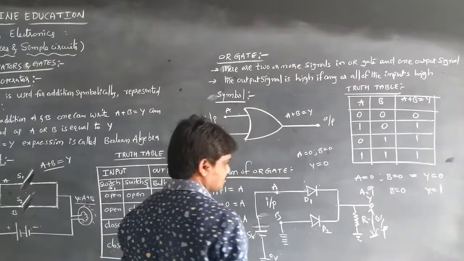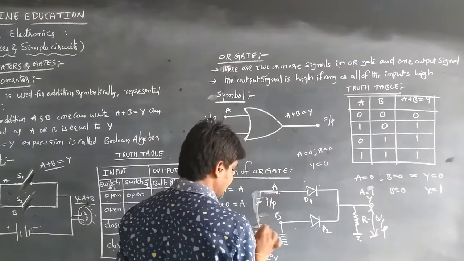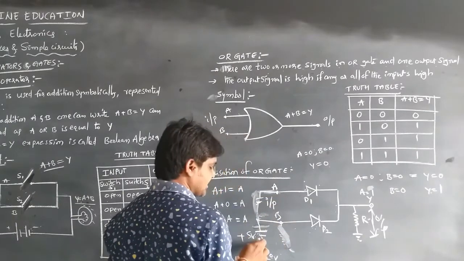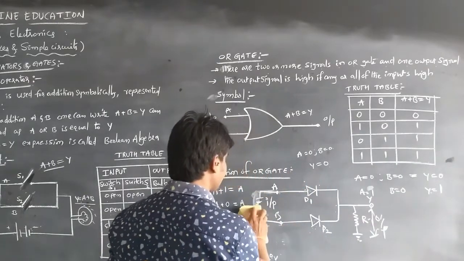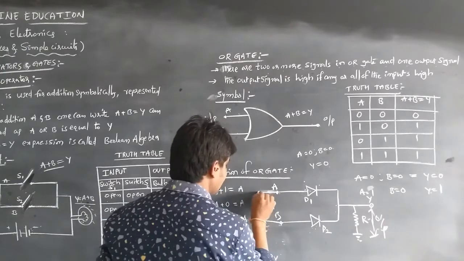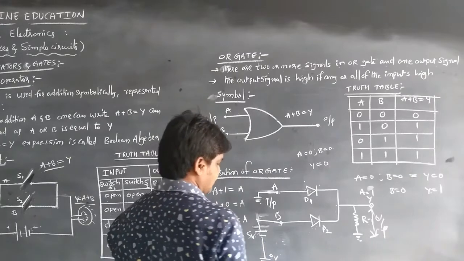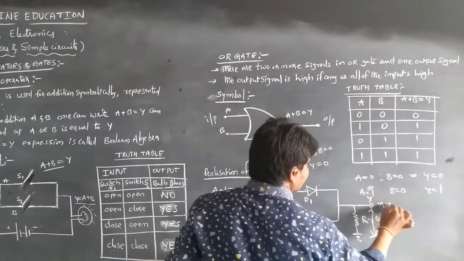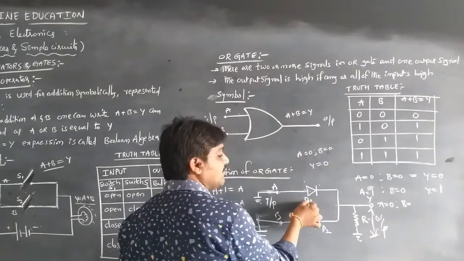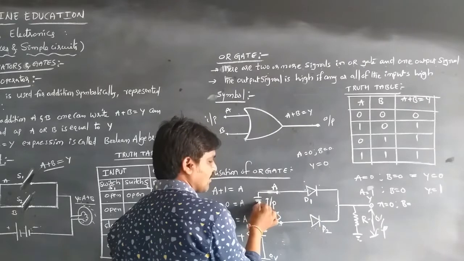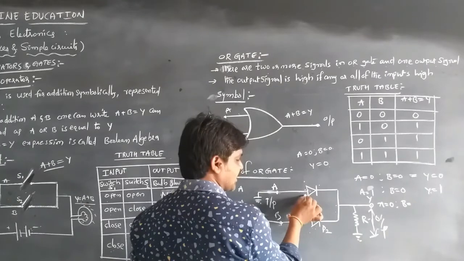The next case: A is grounded and B is connected to the battery. Here A is grounded, which means A is equal to 0, and D1 is reverse biased, so there is no conduction through D1. It is a non-conducting diode.